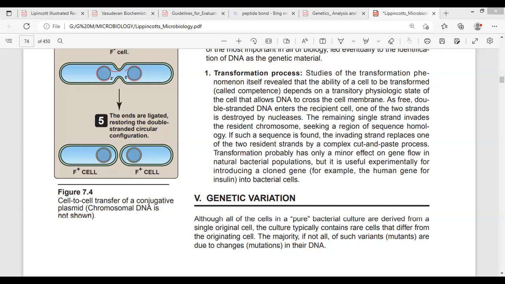Once we see the diagram, it will be easier to understand how DNA enters another cell. Here is bacterial transformation.